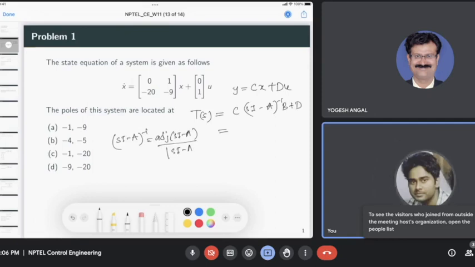So we can write it as C times the adjoint of (sI minus A) times B plus D times the determinant of (sI minus A), all divided by the determinant of (sI minus A). I'll write it properly here.